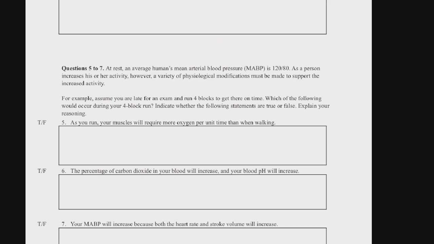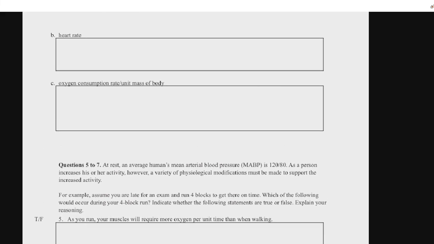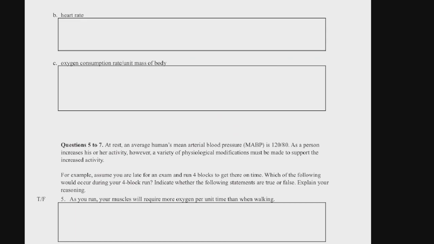Okay, B. Asking about heart rate. So because the infant is losing more heat than the adult, it will also have a higher metabolic rate, and thus increased heart rate.